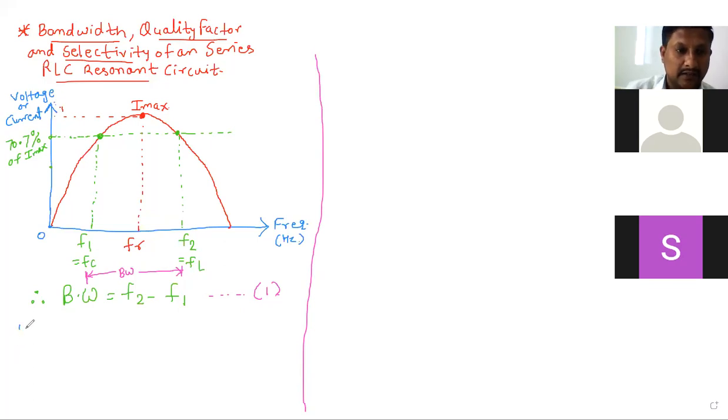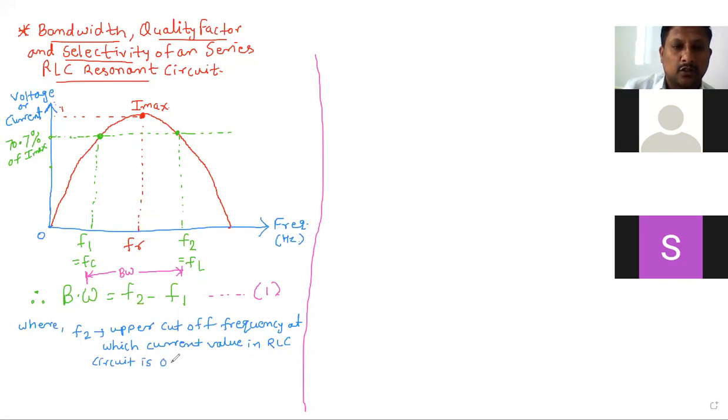I will write where f2 is the upper cutoff frequency, means higher upper cutoff frequency, at which current value in the RLC circuit is 0.707 into I max.